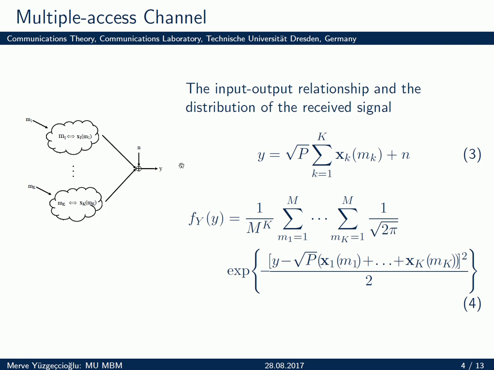The received signal at the base station is the summation of all the signals plus the noise, and here P again is the total transmit power. And again the distribution of the output signal is a Gaussian mixture, but this time the summation is over the entries of all the users in the system.